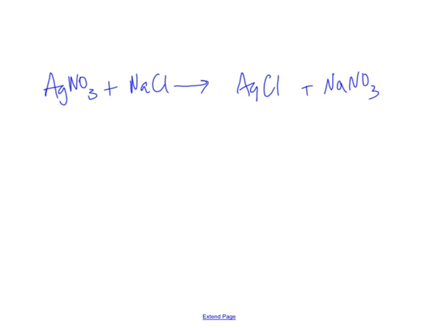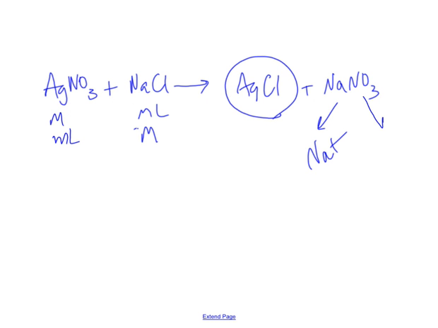And they're going to ask you questions like, they'll give you the molarity and mils here, and they'll give you molarity and mils here. And they'll say, okay, what ion is left floating around? And a lot of people will say, oh, the only ions floating around are the Na plus and the NO3 minus. Is that necessarily true? What else could be floating around and why?